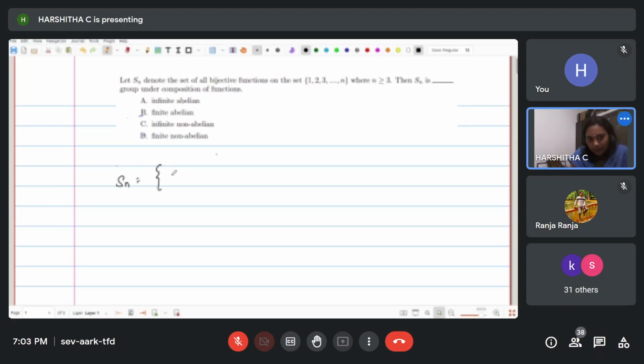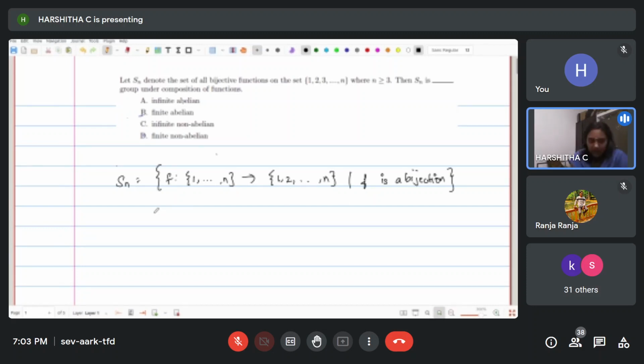It is all functions from the set 1 to n to itself, such that f is a bijection. So we're looking at all functions from the set 1 to n to itself, which are bijective.